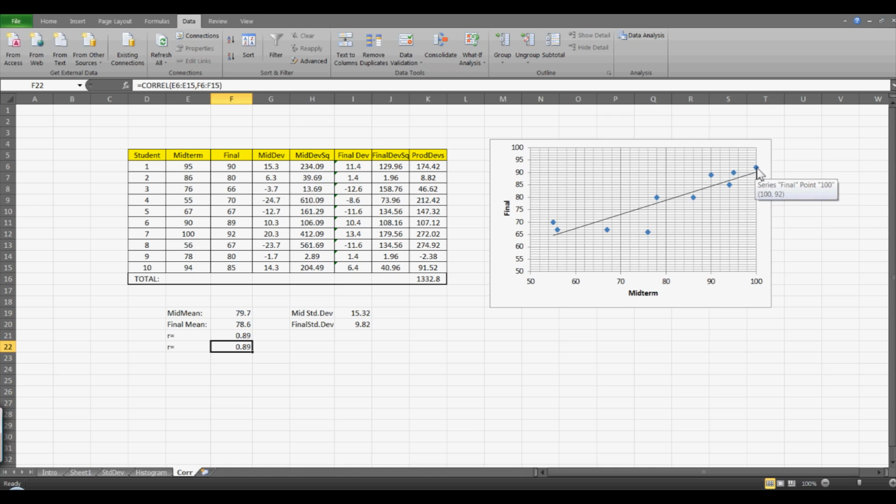So this space represents the 100 on the midterm on this axis, and the 92 on the final on this axis. Each pair of scores has that same plotting that shows the relationship between the two scores.